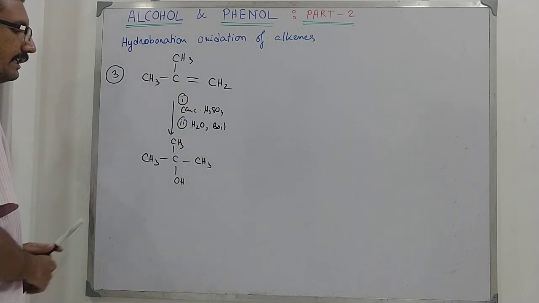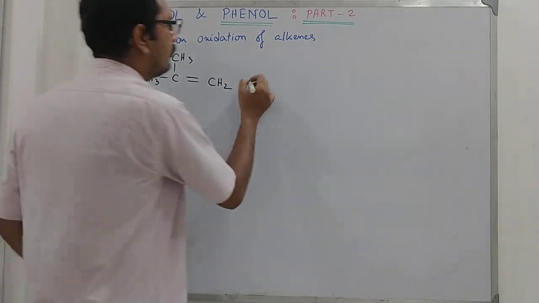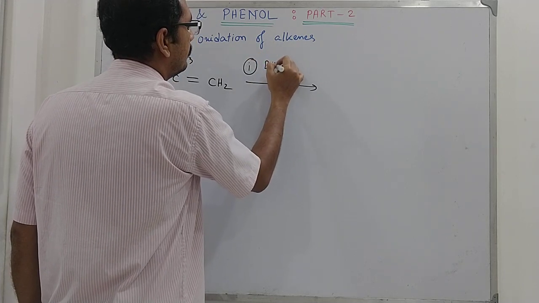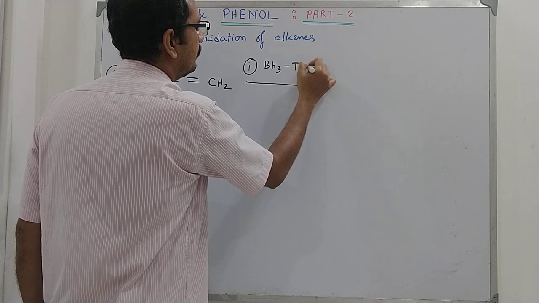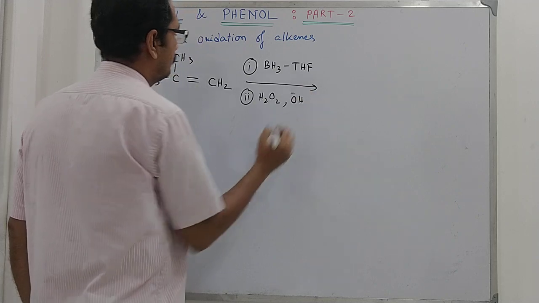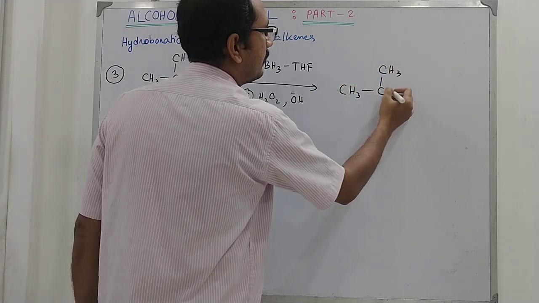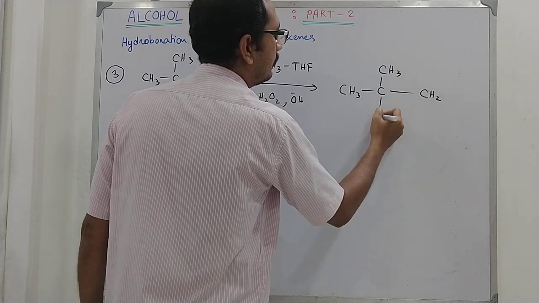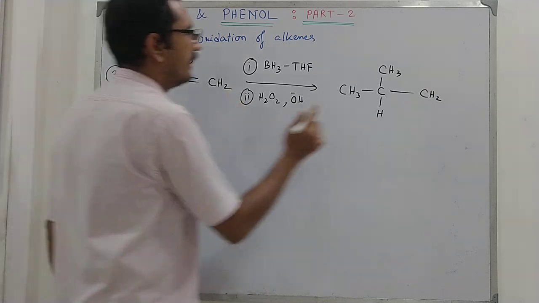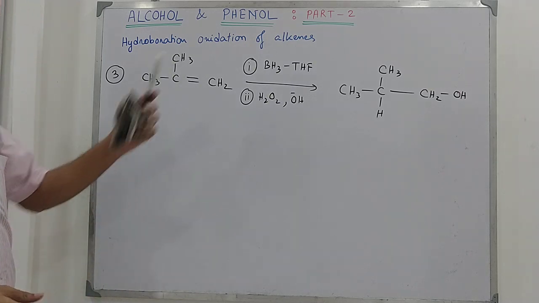So this is also Markovnikov addition. But when we apply this hydroboration oxidation, we get the anti-Markovnikov product, that is the hydrogen adheres to this carbon having less number of hydrogen atoms, and OH gets adhered to this carbon having more number of hydrogen atoms. So this is anti-Markovnikov addition.